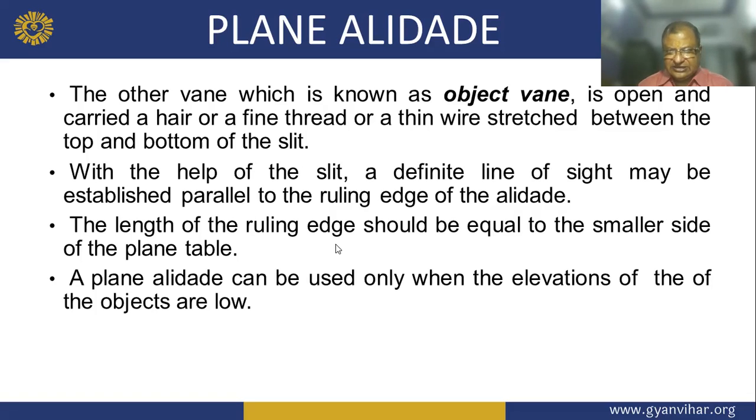With the help of the slit and the sighting line, the line of sight may be established parallel to the ruling edge of the alidade, and the length of the ruling edge should be equal to the side of the plane table. A plain alidade can be used only when the elevation of the object is low.